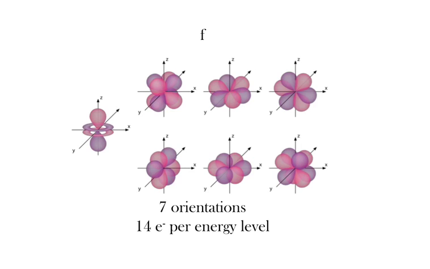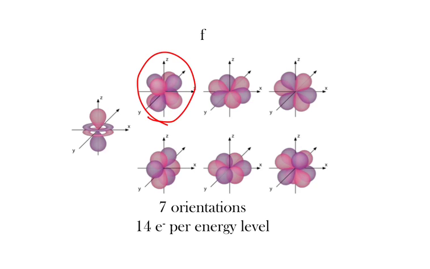And then the last one that we'll go over is the F-shaped orbital, and it's twice as complex as the D. You don't have to draw all of those, by the way. If you just draw maybe one of them, whichever one's easiest, just to give you an idea of how it compares to D and P and S, that's good enough. But these things, despite being really complex, can only hold 2 electrons per orbital.